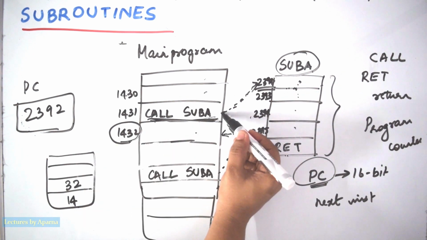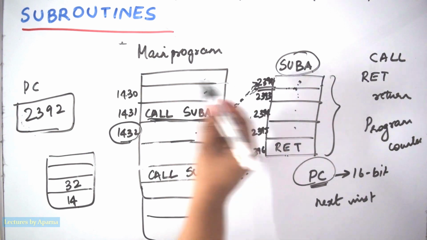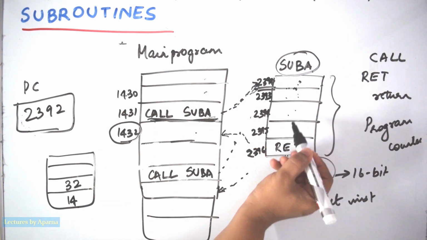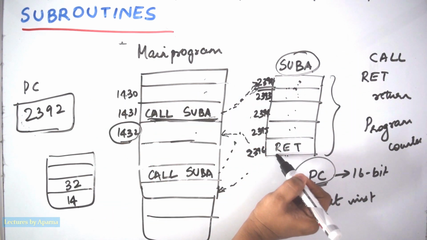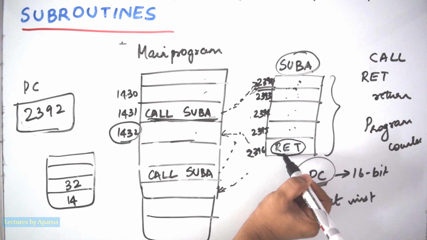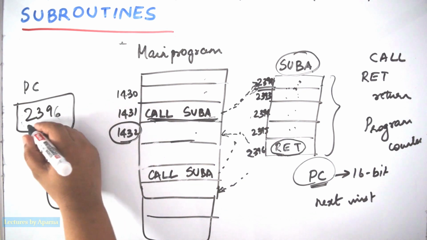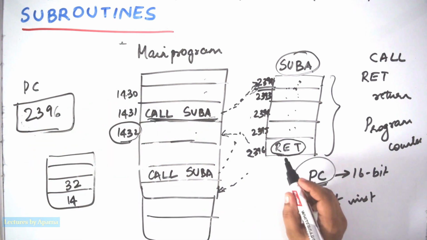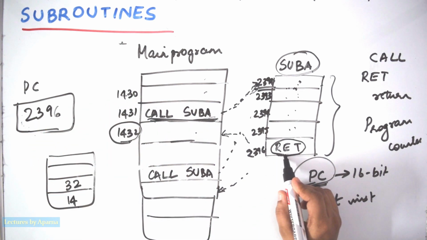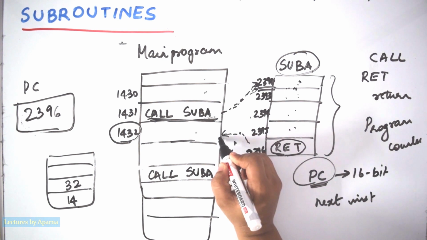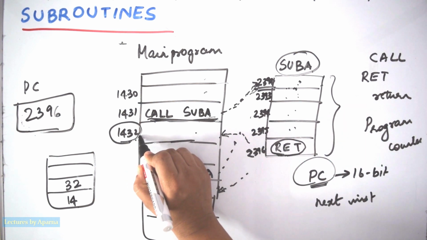So the control will be transferred to the first instruction of the subroutine and this will be executed, and when it reaches RET, what is happening? Say it is having 2396 now in the program counter. Now from here it has to go back to 1432.